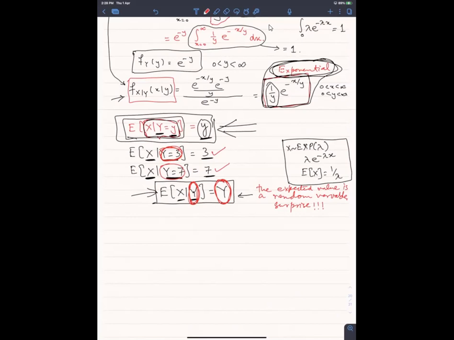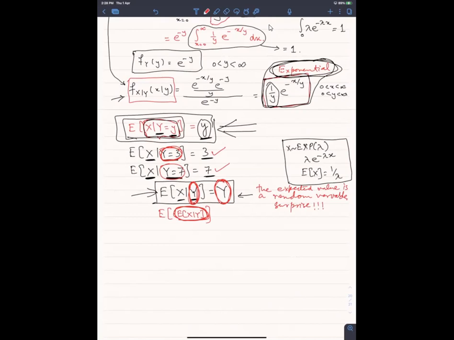If this is a random variable, I can take its expected value, which means I can talk about the expected value of the expected value of x given y, because this internal guy is a random variable. If it is a random variable, it will have an expected value, it will have a variance, it will have a distribution.